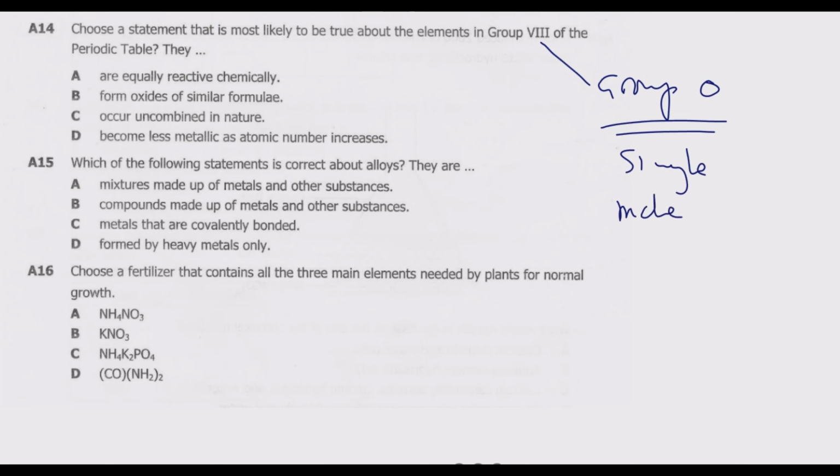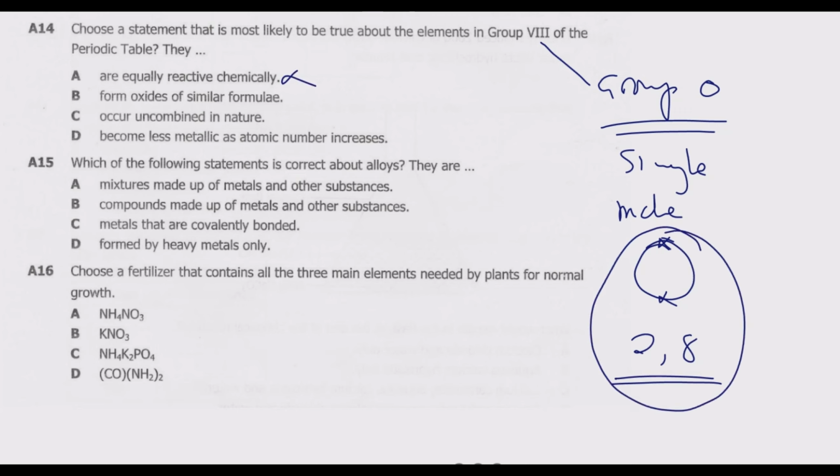Because their outer shell is full of electrons. So they have either 2 or 8. They are stable. So let us look at the options. They are equally reactive. No, they are not, because they are stable, they have full electrons in the outer shell. Form oxides of similar formula? No. Occur uncombined in nature. So C is the correct answer.